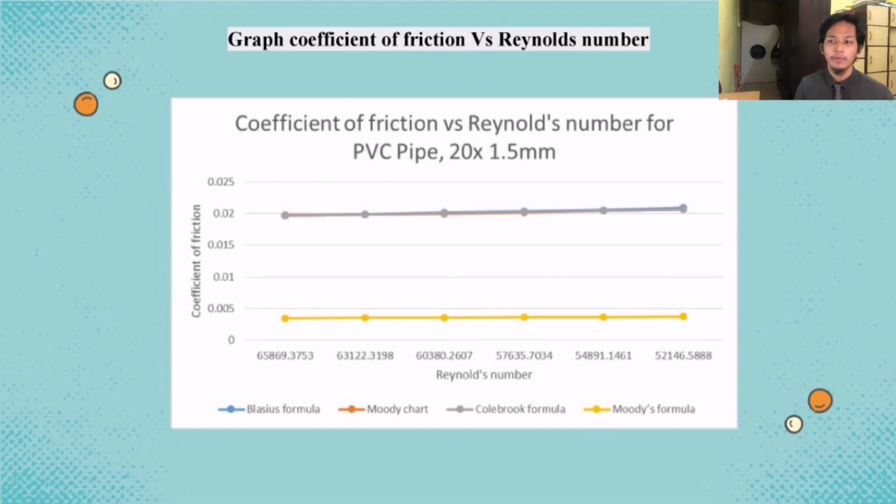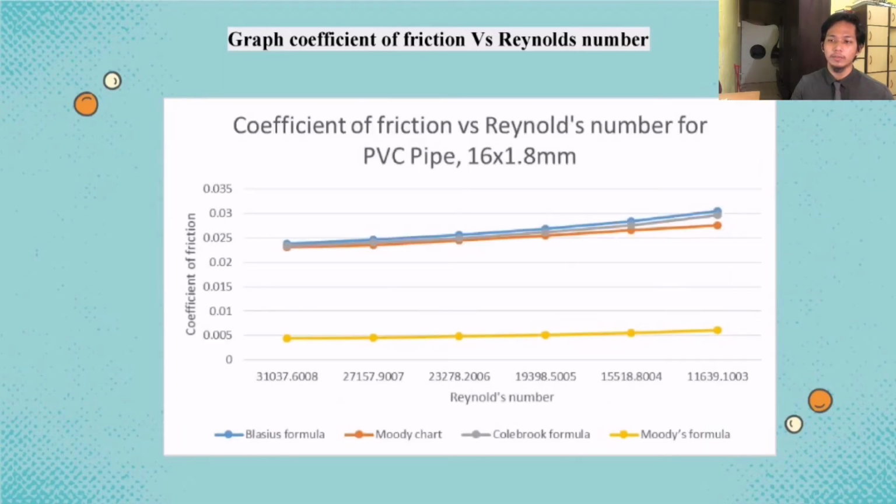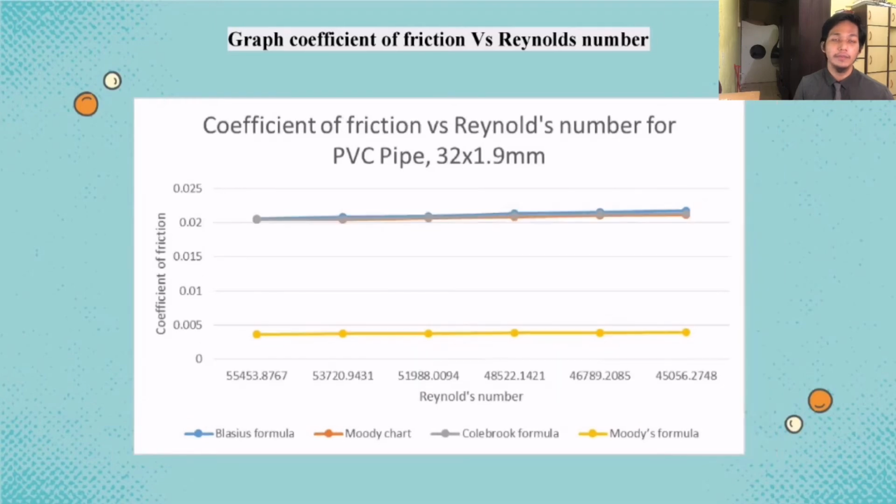The relationship for each graph will be discussed in the next part, which is discussion. And then moving on to the coefficient of friction versus Reynolds number for PVC pipe with diameter 16 mm. And then lastly, the graph we get is for PVC pipe with diameter 32 mm. Thank you.